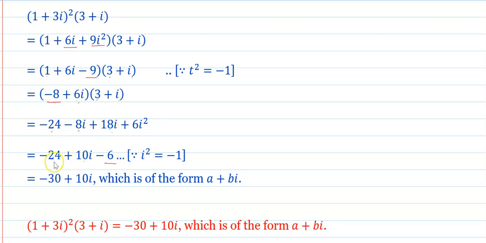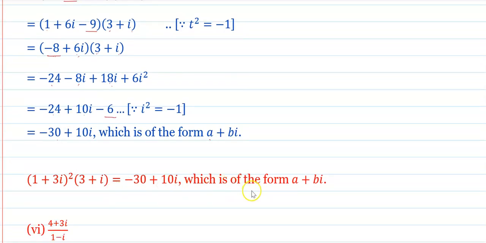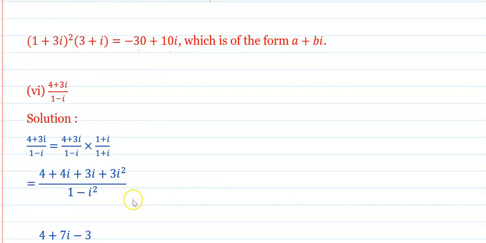Minus 24 minus 6 gives minus 30, plus 10i, which is of the form a plus bi. Hence (1 plus 3i) bracket square into (3 plus i) is equal to minus 30 plus 10i. Now the sixth one, 4 plus 3i upon 1 minus i.